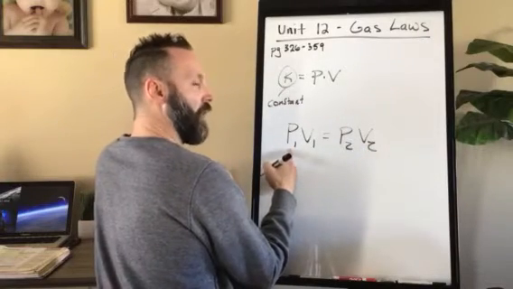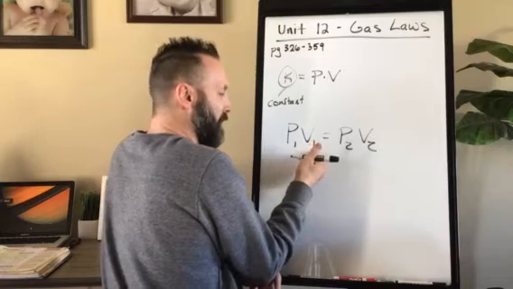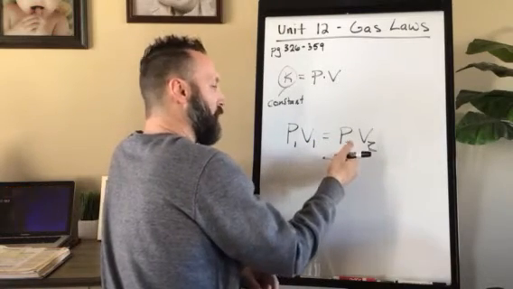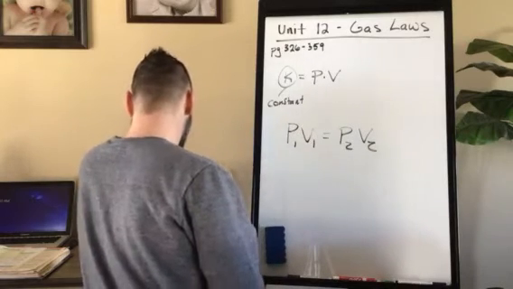The pressure of the first gas times the volume of the first gas is going to be equal to the pressure of the second gas times the volume of the second gas.